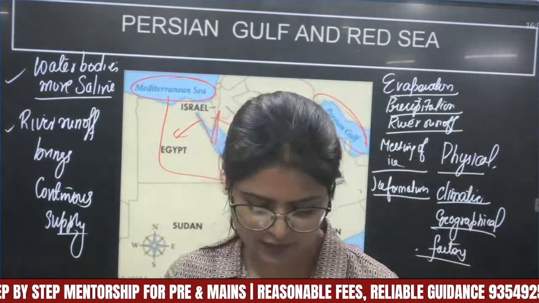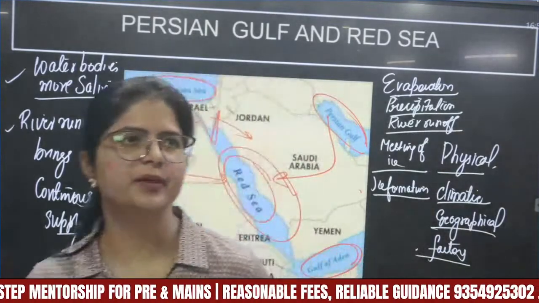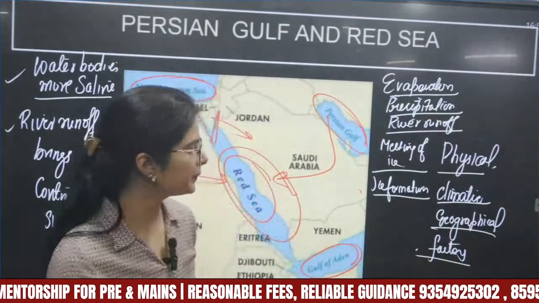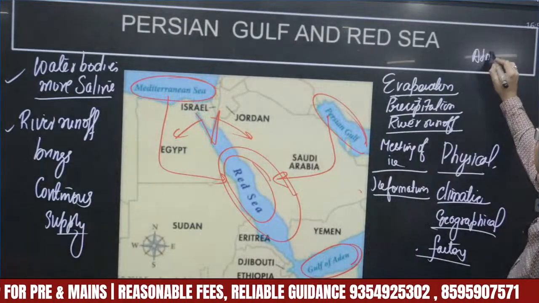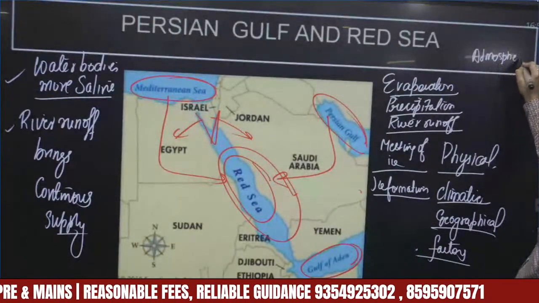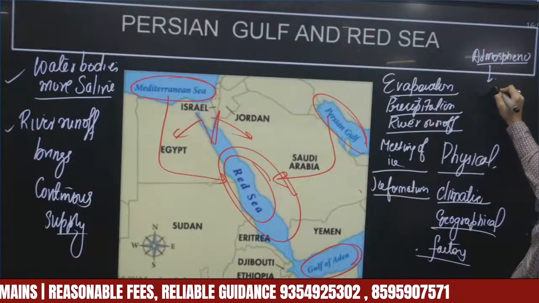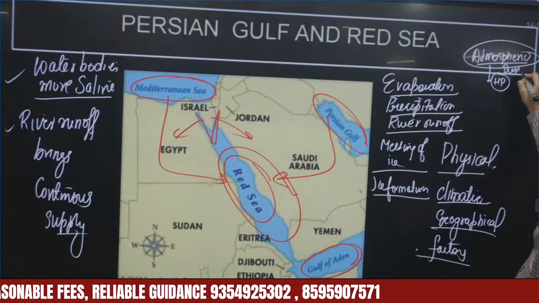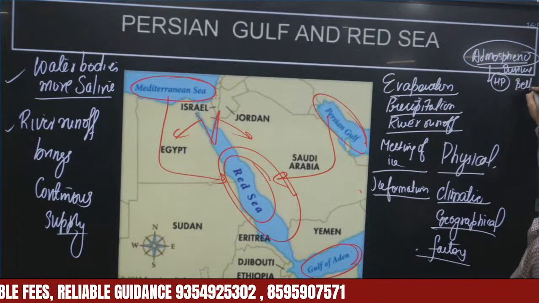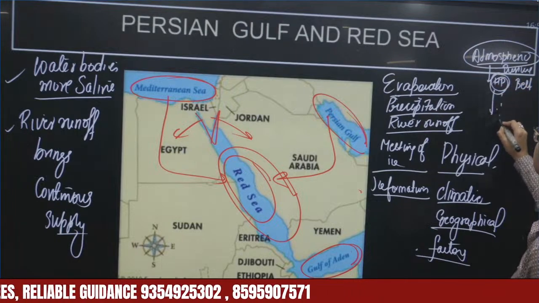Next we will write atmospheric pressure belts. As you know, when atmospheric pressure is high, there is less chance of rainfall. Because when there is high pressure, the air will descend.